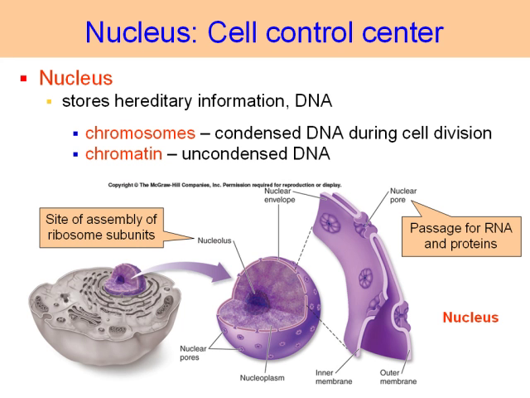Notice that when RNA leaves the nucleus, or the copy of DNA leaves the nucleus, it's going to be passing through these nuclear pores, and the nuclear pores are going to be found at the juncture of an inner membrane and an outer membrane surrounding the nucleus. And this inner membrane and the outer membrane are going to compose what is called the nuclear envelope.